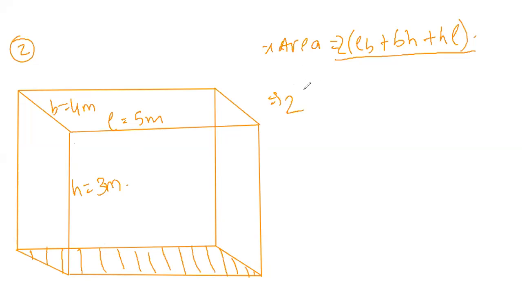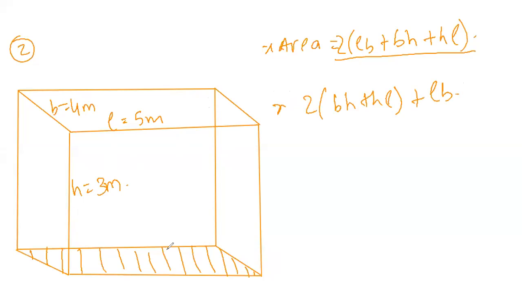So in this question we'll take BH plus HL plus LB. Now why are we doing this as in the previous question? Because in the previous question it told us that it is open at the top, that means there is no side at the top, so there's only a bottom side which is closed.